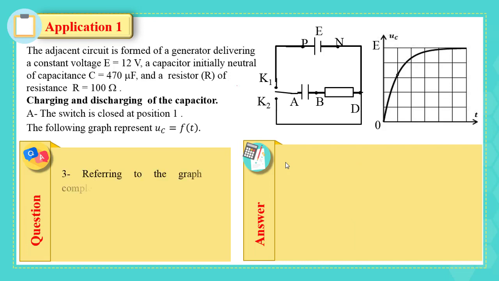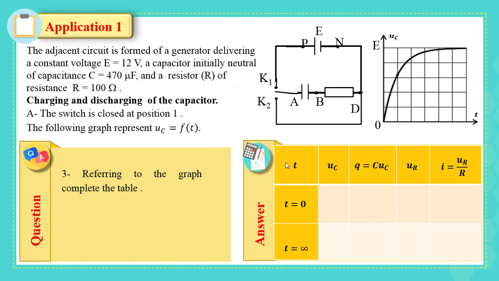Referring to the graph, complete the table. We are going to find the values of UC, Q, UR, and I at two instants, t equals 0 and t equal infinity. We are going to use the graph to find the value of UC and the relation between Q and UC to find the value of Q, and the law of addition of the previous part to find the value of UR, and Ohm's law to find the value of I. At t equals 0, UC is equal 0 according to the graph, and by calculation, Q is also equal to 0.